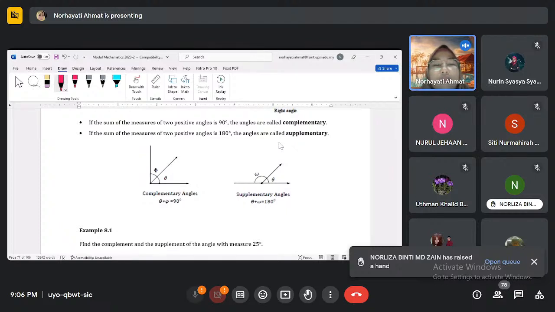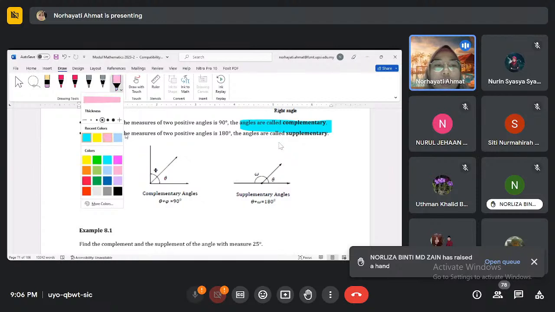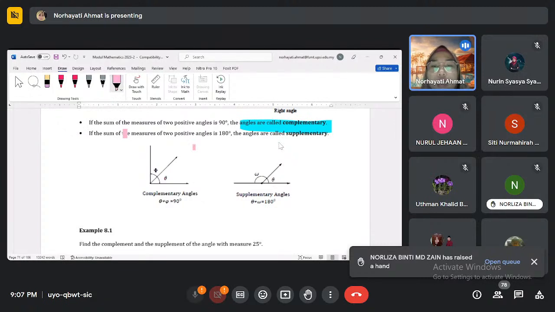Okay, if the sum of two angles is 90 degree, then the angles are called complementary. The sum of two angles is 90 degree, so we call these two angles complementary angles. And if the sum of the angles is 180 degree, the angles are supplementary.